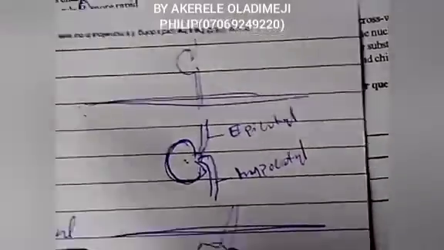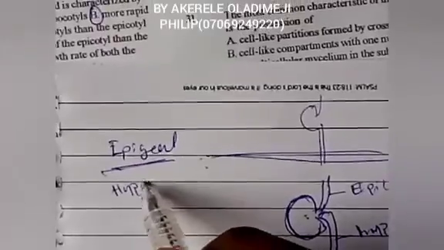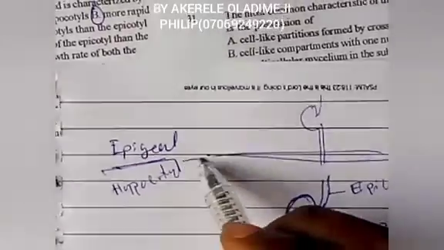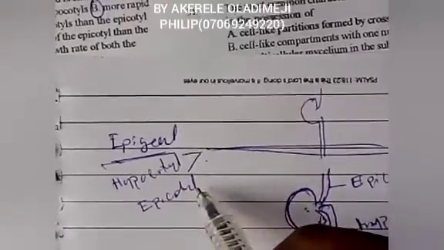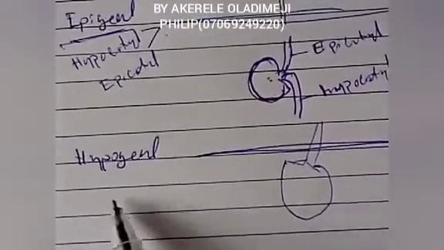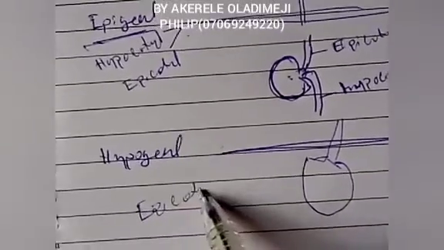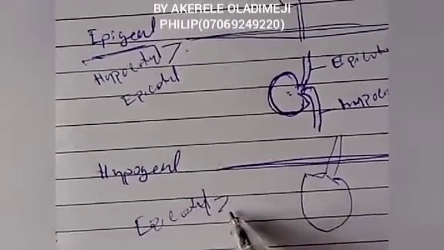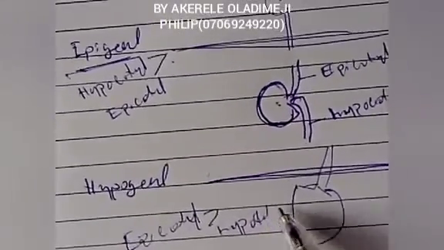So for epigeal germination, the hypocotyl will be longer than the epicotyl. While for hypogeal germination, the epicotyl will be longer than the hypocotyl. You should understand that easily.